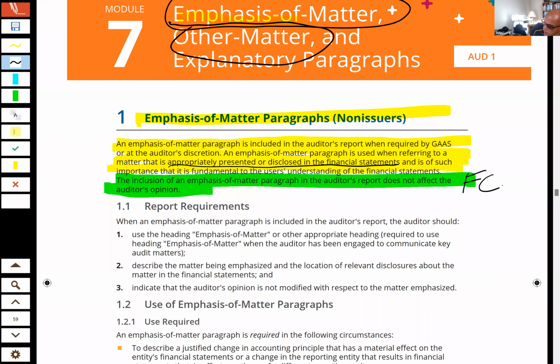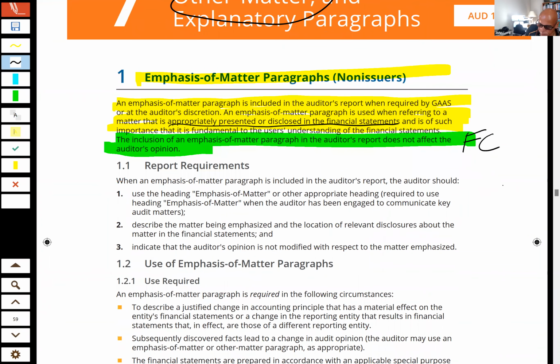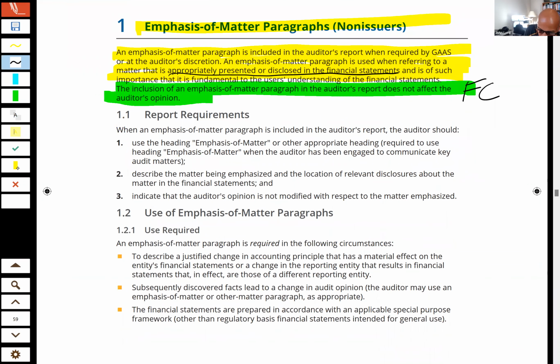Okay, now you come over and let's see what the report requirements are. And they tell us that an emphasis of matter needs to be included, and this is the requirement. And they start out telling us some things about what we have to do, which is more of a display, more of a structure thing. Use the heading emphasis of matter, okay?